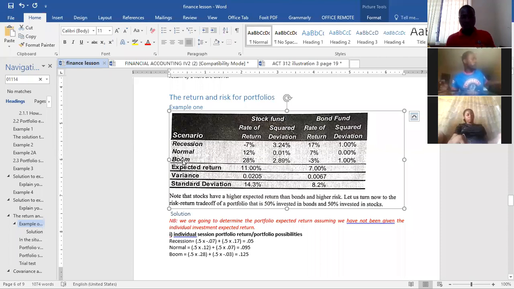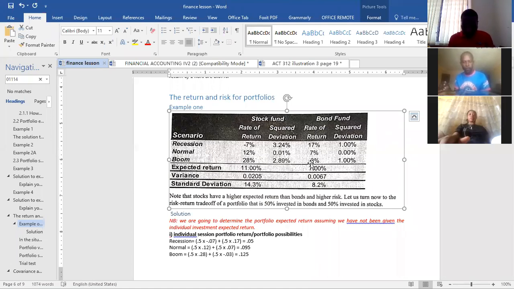For the stock fund, the returns are for recession 7%, normal 12%, boom 28%. The rate of return for the bond fund is 17, 7, and then how much? 3% in that order.